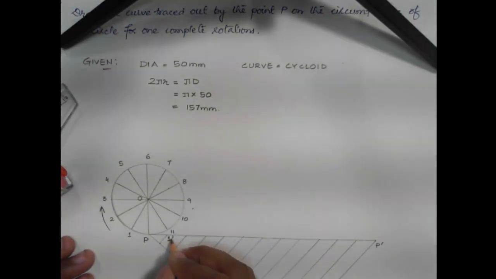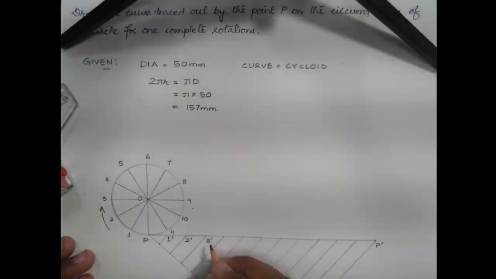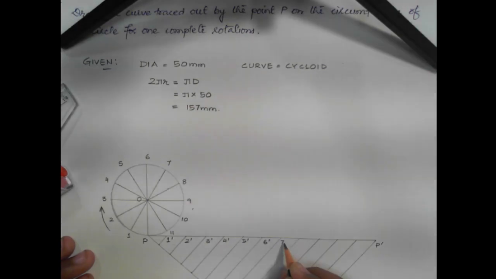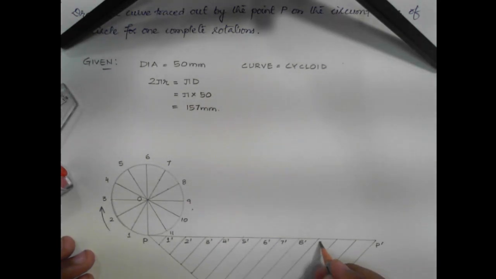So this becomes my 1 dash, 2 dash, 3 dash, 4 dash, 5 dash, 6 dash, 7 dash, 8 dash, 9 dash, 10 dash and 11 dash.